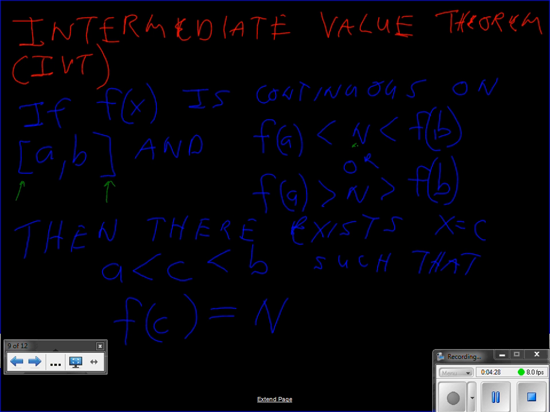It could be this way, f of b is greater than f of a, or if f of a is greater than f of b, n is in between. Then there exists an x equal to c, a point between the x points a and b, such that f of c equals n. Okay, what does that mean?